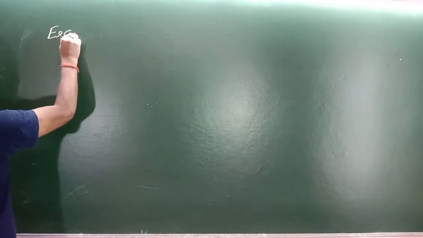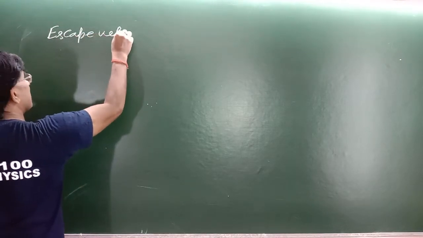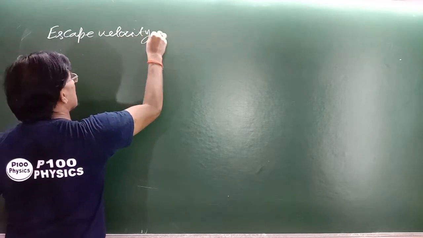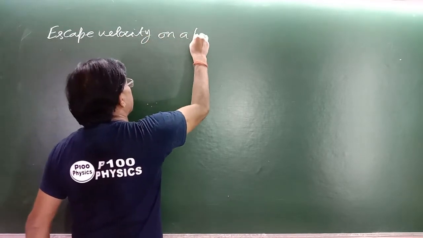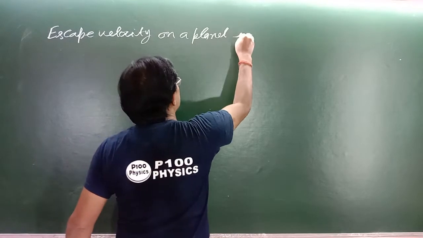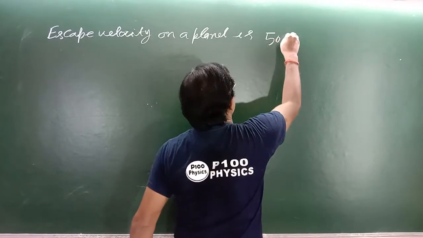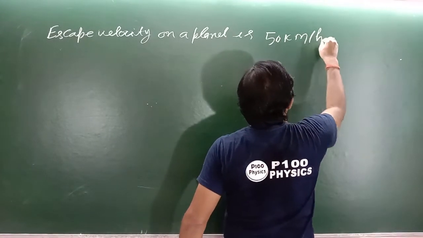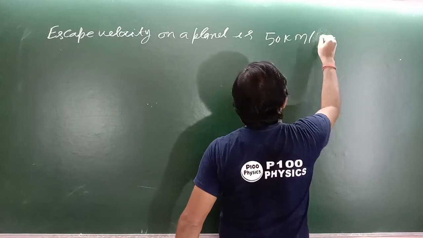Next question. Escape velocity on a planet is 50 kilometer per second.